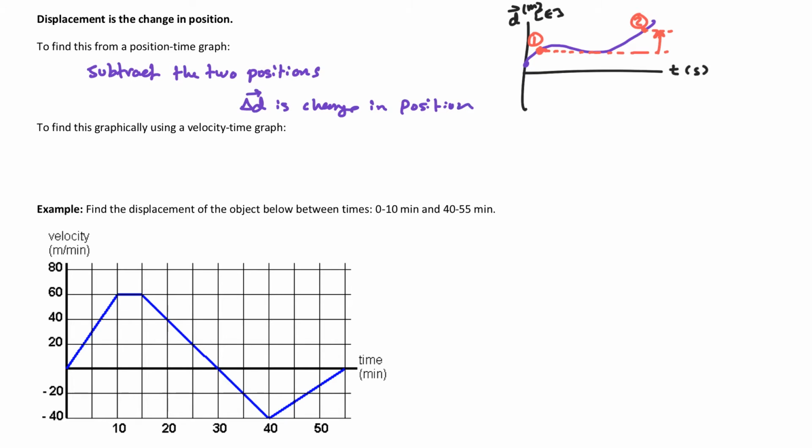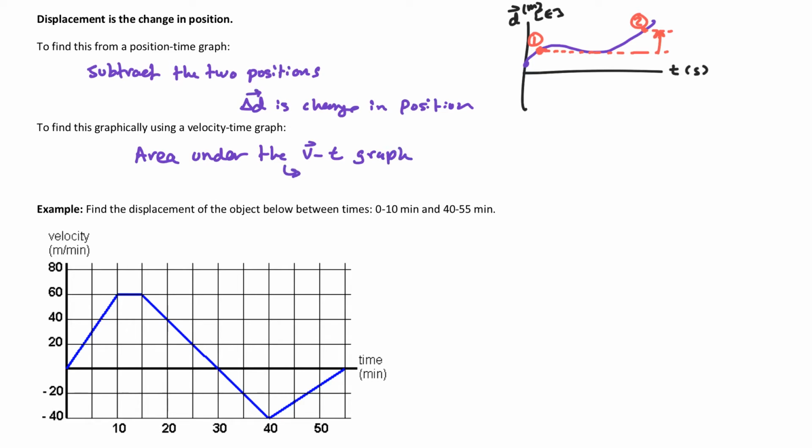If we were to do this graphically using a velocity time graph, we would have to do something different. We'll talk about the reasons as to why we do this method a little bit later, but what we have to do is use the area under the velocity time graph.